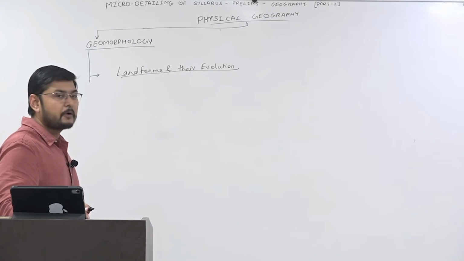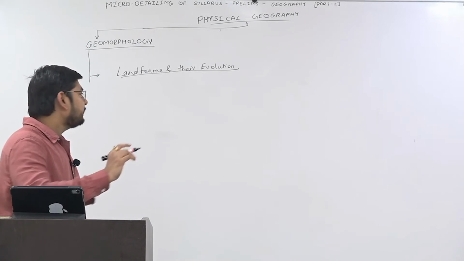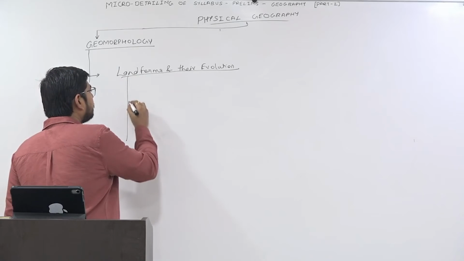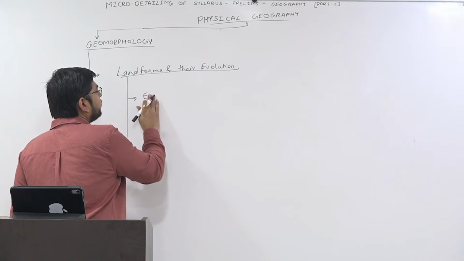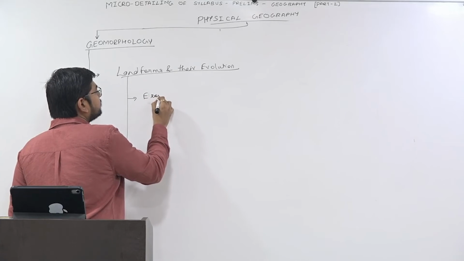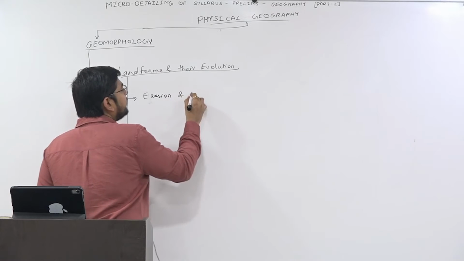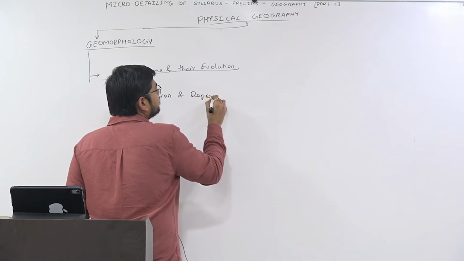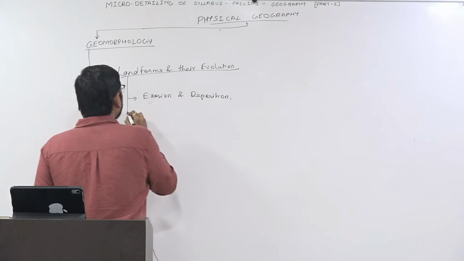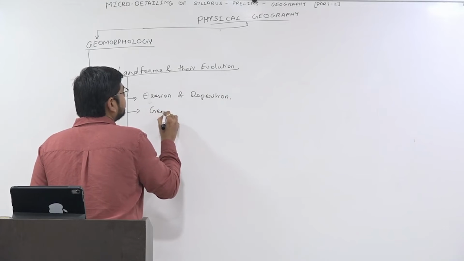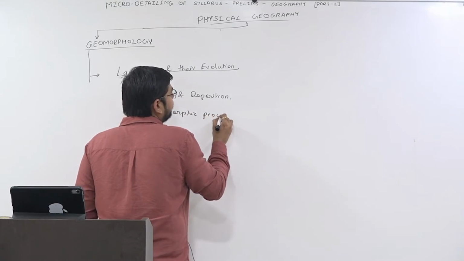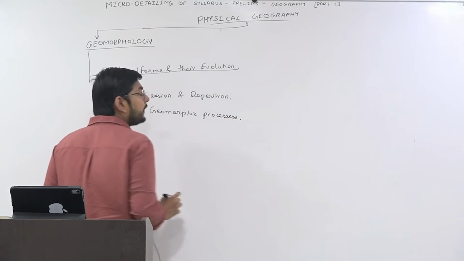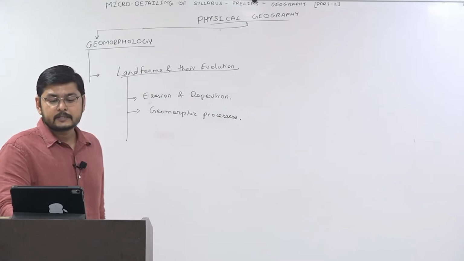What are the different geomorphic processes? Here we see what is erosion and deposition. What are the geomorphic processes? How do they work?